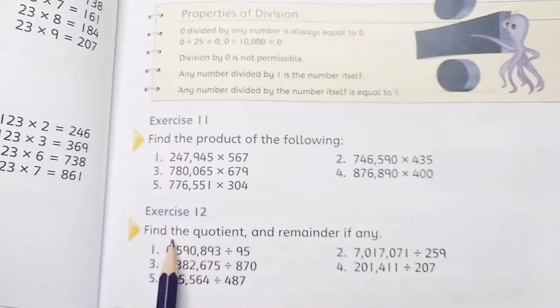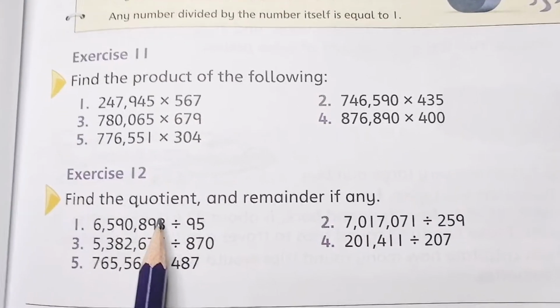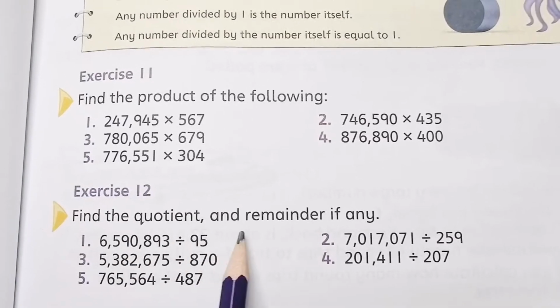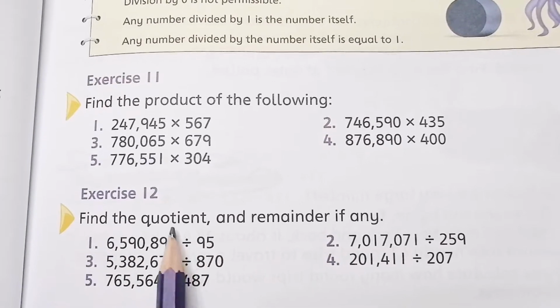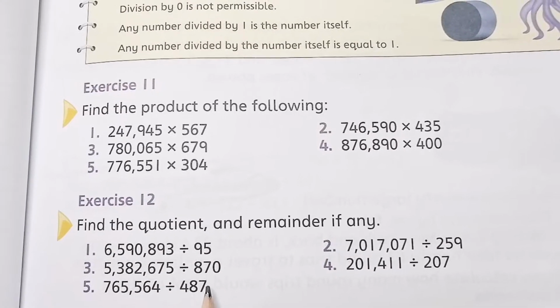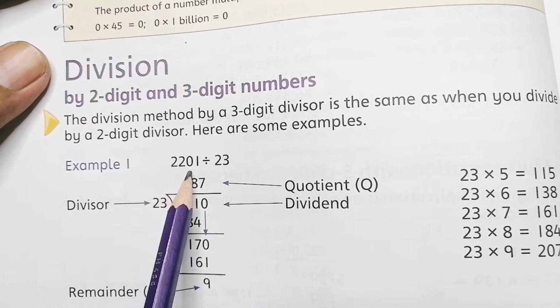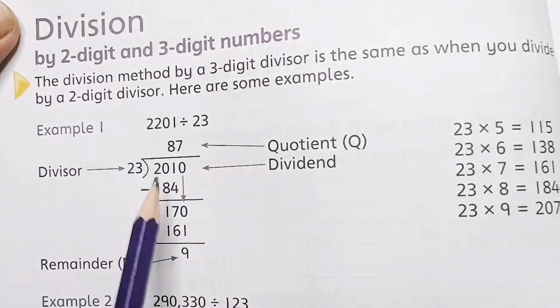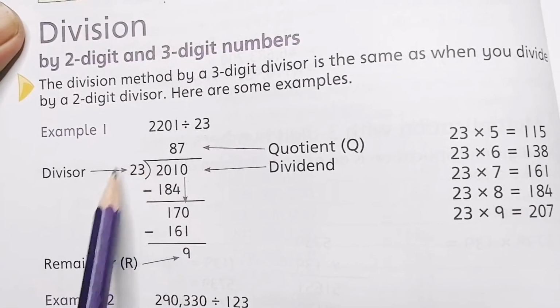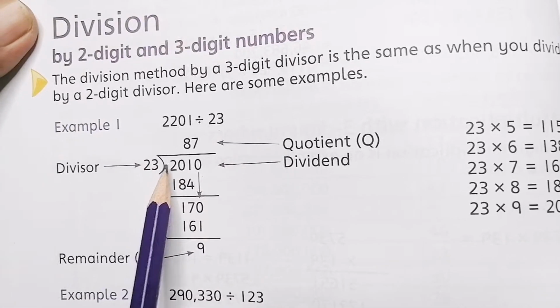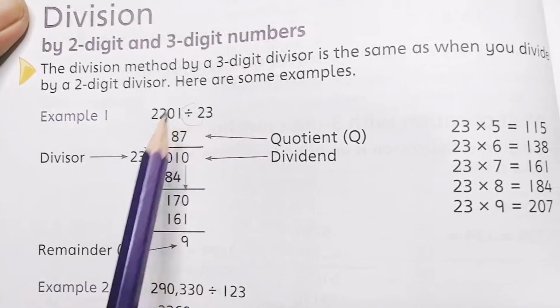Then exercise 12 is given, find the quotient and remainder if any. So here we have to divide the numbers. This is about the division method. Here you can see the example, 2201 divided by 23. So here we write this in the sign. There are two types of division signs.